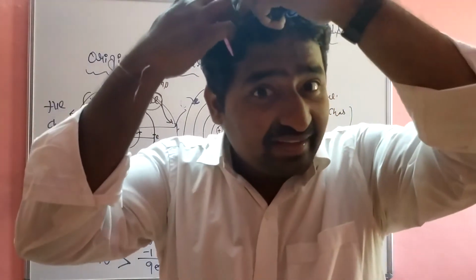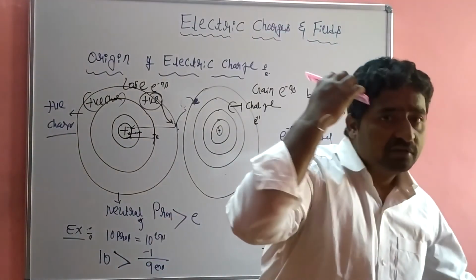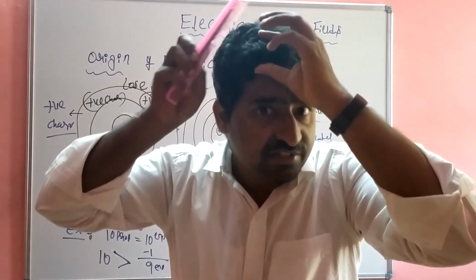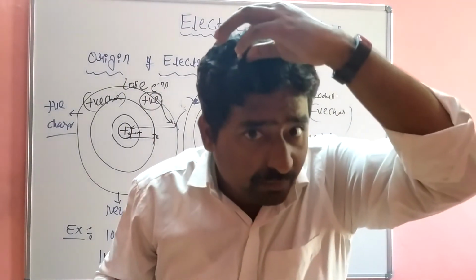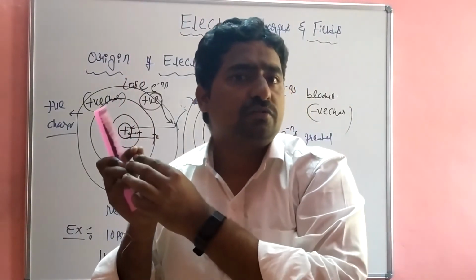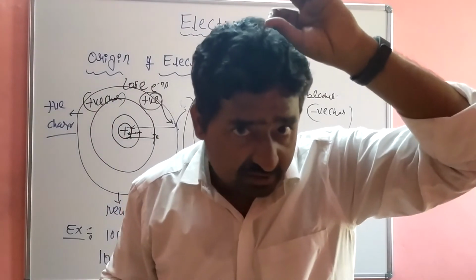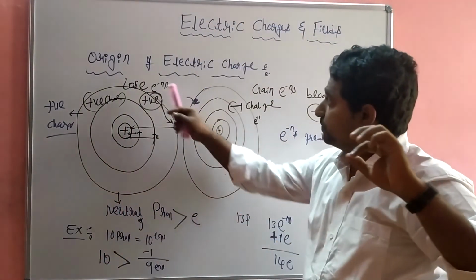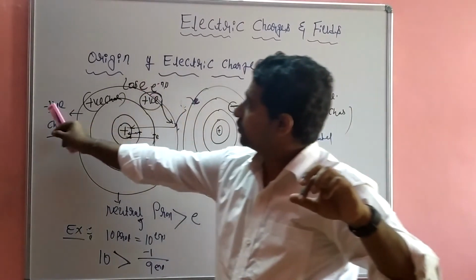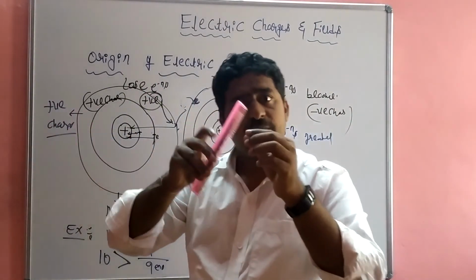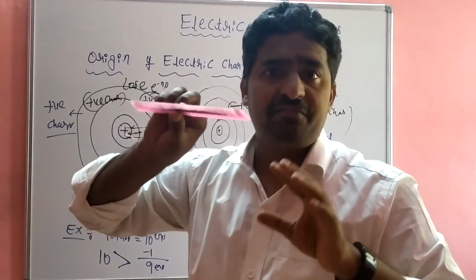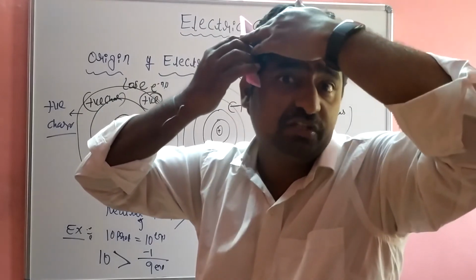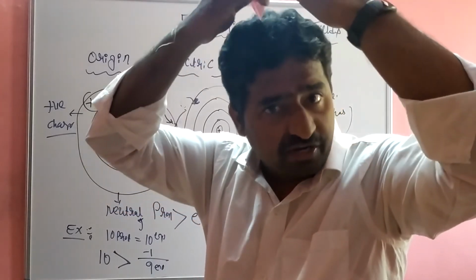The dry air has its own property to lose electrons, so losing the electrons, it becomes positively charged. The plastic cup gains the electrons when they are rubbed with each other.